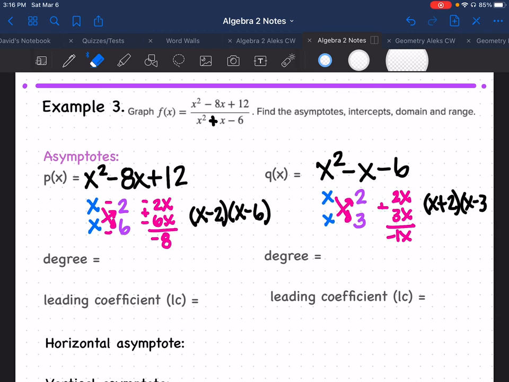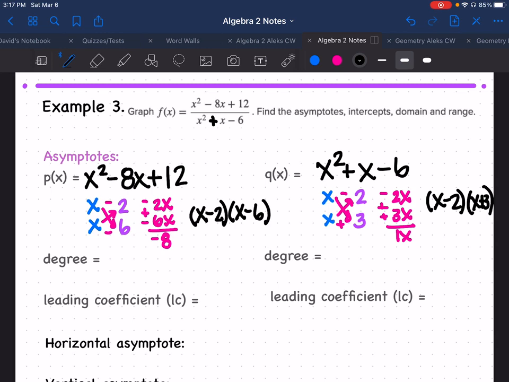If we make it positive, they want the x minus 2 to match. And so if we make this a positive x, it actually will work for us, because notice both of them have, oh, there we go.